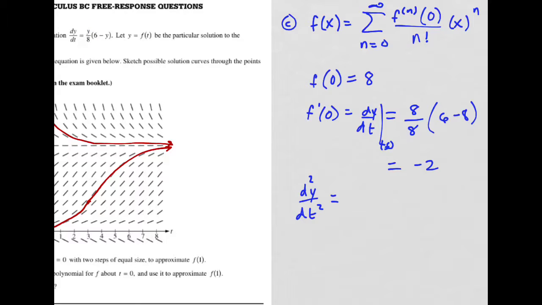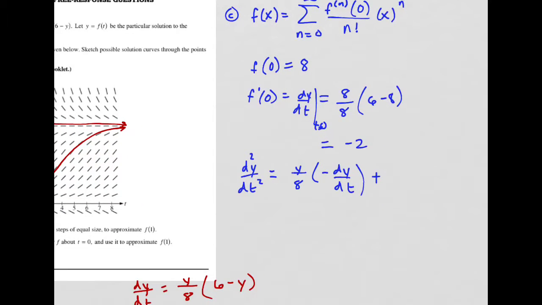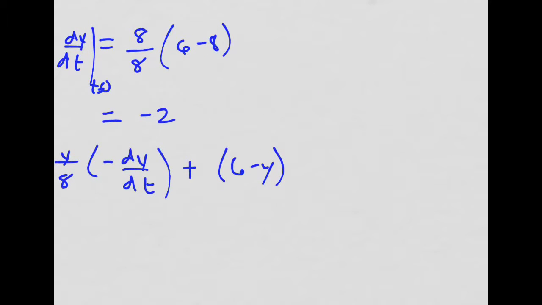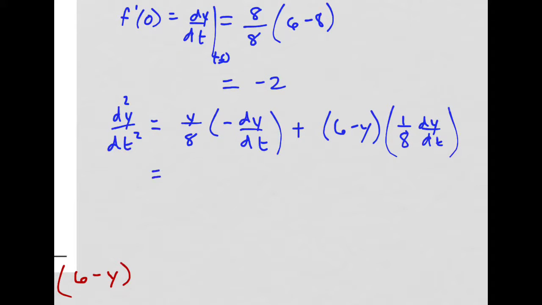So first, y over 8 d second, that's negative dy dt. First d second plus second d first, and that's 1/8 dy dt.